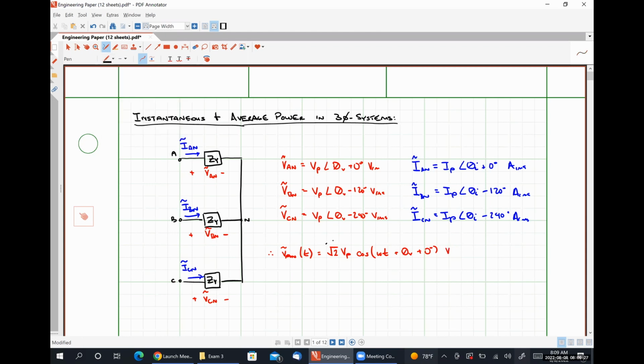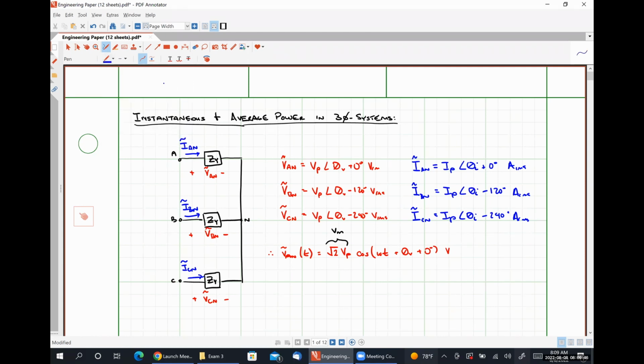And let's call root 2 VP VM, which is just the magnitude of our sinusoidal voltage. And obviously VBN of t would be 120 degrees behind that. VCN of t would be 120 degrees behind VBN.